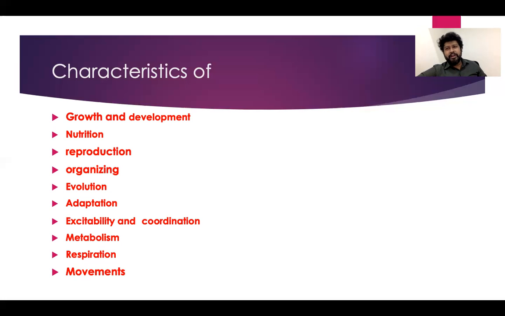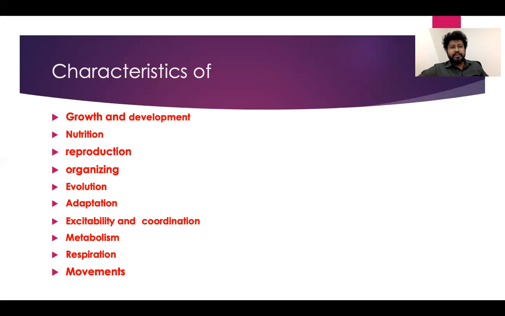Either sexual or non-sexual reproduction is there for plants as well as animals. Reproduce means generating the next generation, the babies. Organizing is also a feature of these organisms. They can work together, interact with the environment and also with the ecosystem.